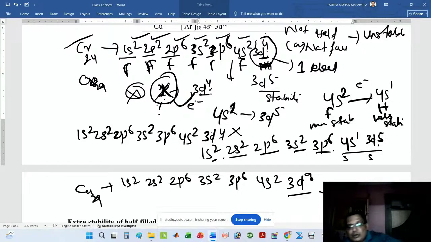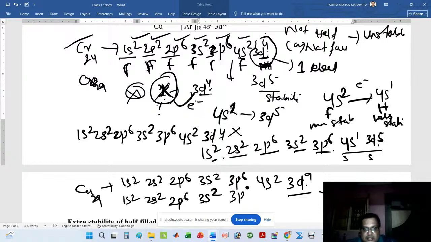No doubt it has more electrons as compared to the half filled, but it is said to be unstable. So in this case, what will happen? One electron is shifted from 4s to 3d to increase the stability. So the actual electron configuration is 1s2, 2s2, 2p6, 3s2, 3p6, 4s1, 3d10. This is the correct electronic configuration.